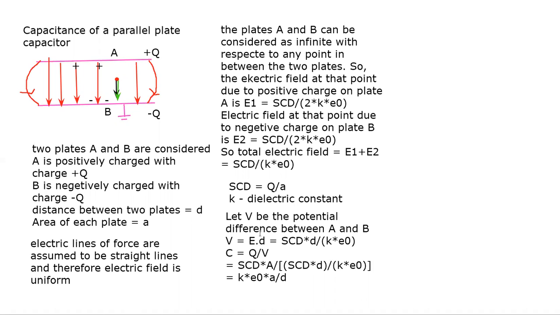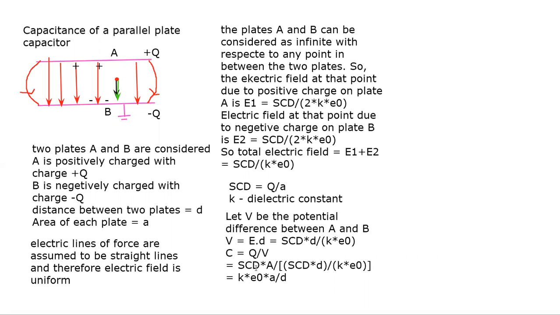Now, what is E? E is SCD, surface charge density, divided by K into epsilon 0, multiplied by D. Now, if C is the capacitance of the parallel plate capacitor, then C is equal to Q by V. Now, what is Q? Q is charge. So Q is nothing but SCD into a. My mistake, I have written capital A, it should be small a.